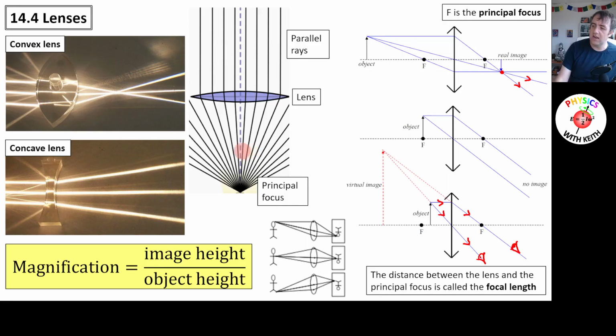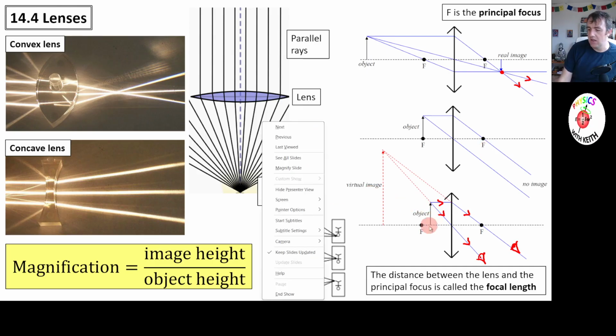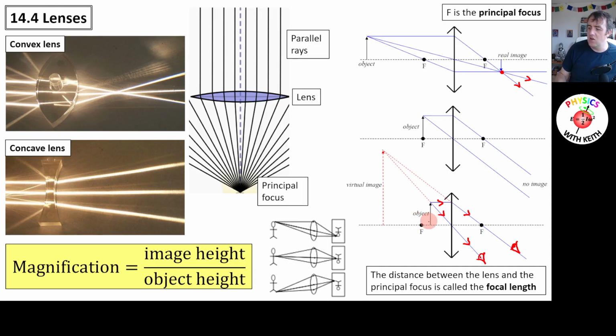If the object is too far away from the lens, the image is closer to you than the lens, and yet it is smaller than the object. If you push the lens down so it's closer to the object, close enough to the object, then you will see that the image becomes larger and appears to be further away from us than the object, making it easier for our eyes to focus on. This is how magnifying glasses work.